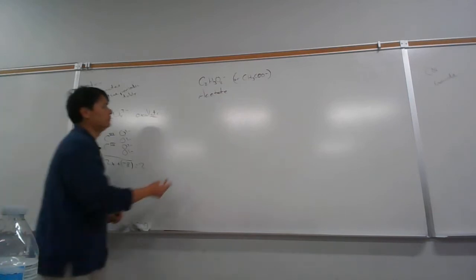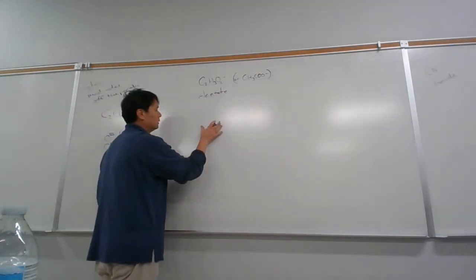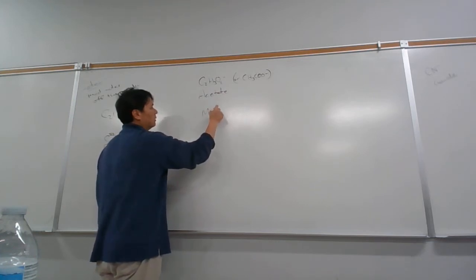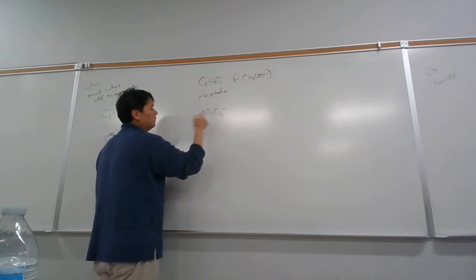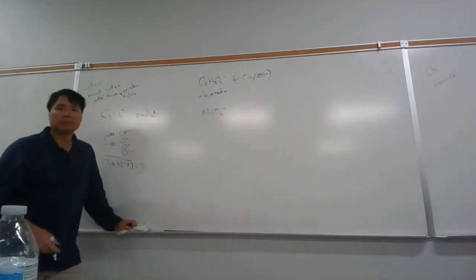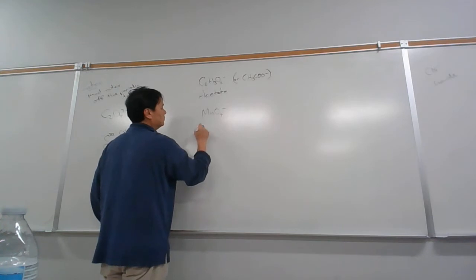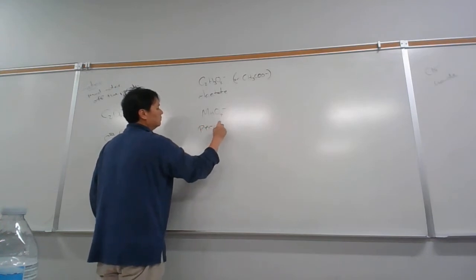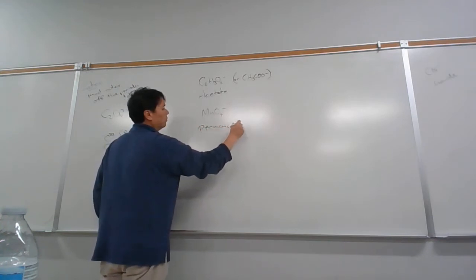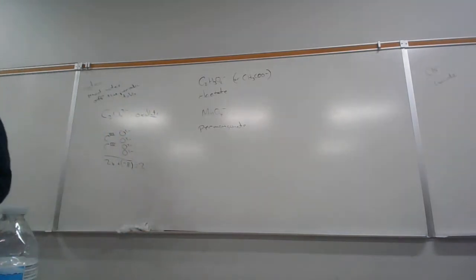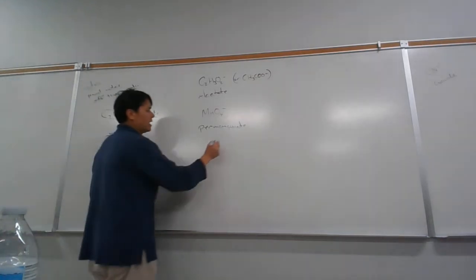And then we have this one. You know what that's called? Permanganate. Is this one maxed out? What is the max positive charge on manganese? 7.